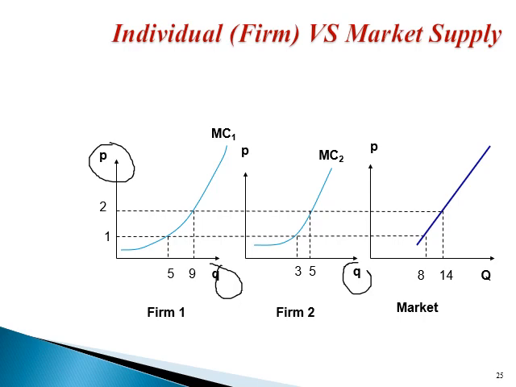When the price increased to 2, the market supply will be 9 plus 5, which is 14. Connect the 2 points and you will obtain the supply curve. The supply curve shows the relationship between the quantity supplied of the product and its own price, ceteris paribus. What is ceteris paribus? Assuming that all other factors affecting the quantity supplied remain unchanged.